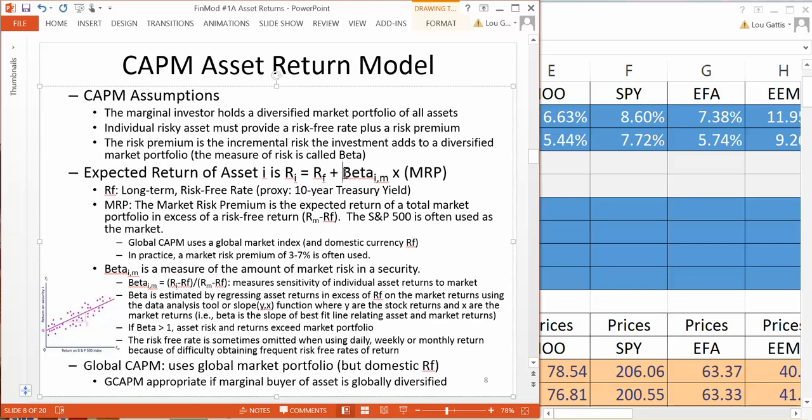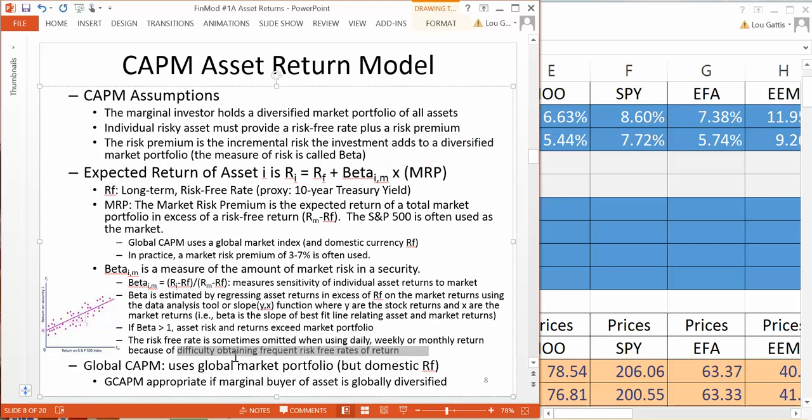The difference is the assumption: is the marginal investor in IBM globally diversified, or are they simply diversified across U.S. equities? The evidence tends to say that there's a home market bias. The marginal investor of any country pretty much is underinvested in foreign equities, so there's good evidence that using a domestic CAPM is good enough.